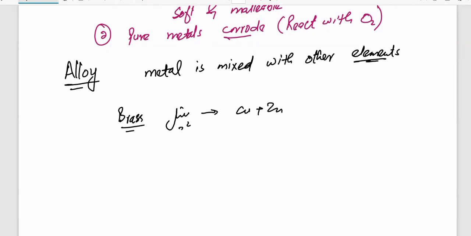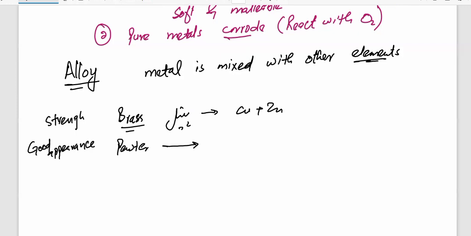In the same way, we use pewter. It is for strength and for good appearance, to improve the appearance.